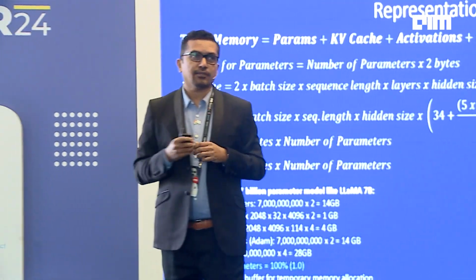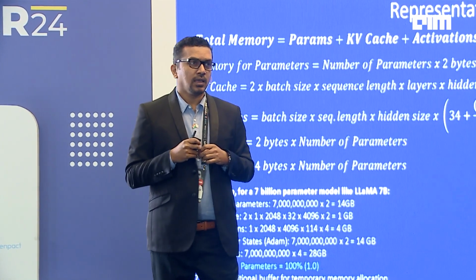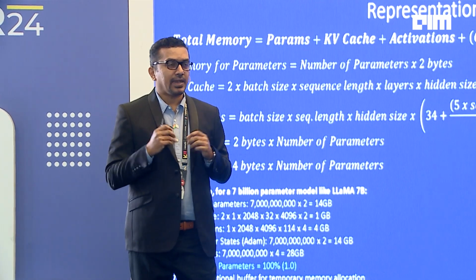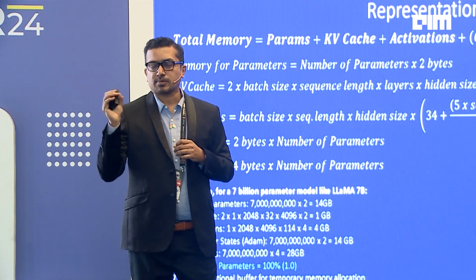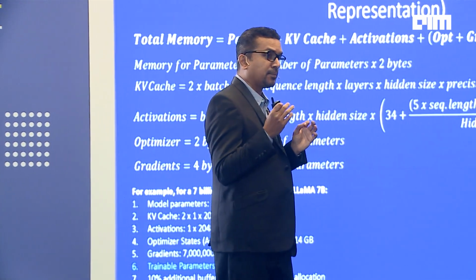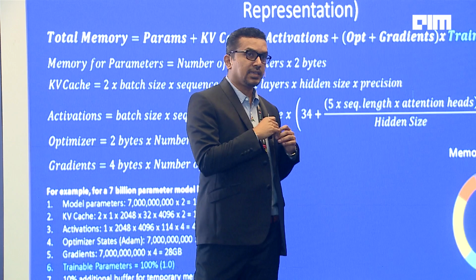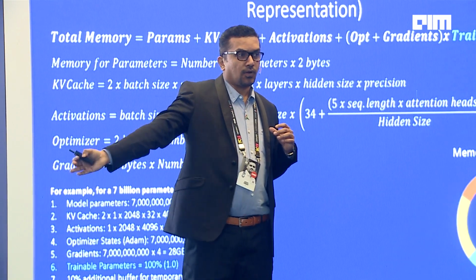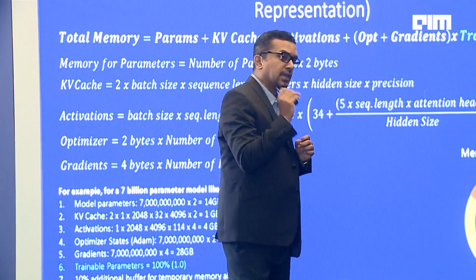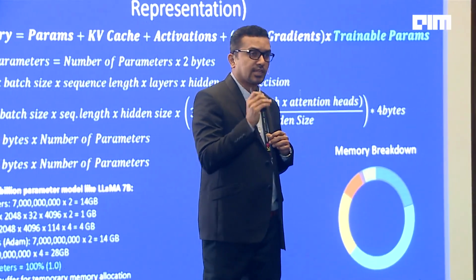Let's say you are using a 500 billion parameter model. Yesterday I was talking to one of our participants here, and they were planning to use a 500 billion parameter model for a specific use case, and they were expecting good results. They were assuming that a 500 billion parameter model will automatically give better results for their use case. But the reality is, it not necessarily can give you the results that you are expecting, right?